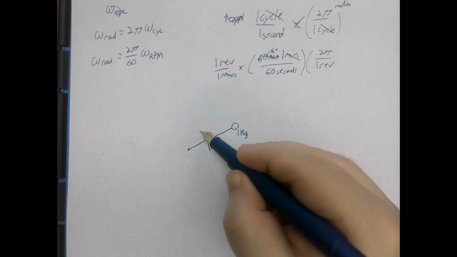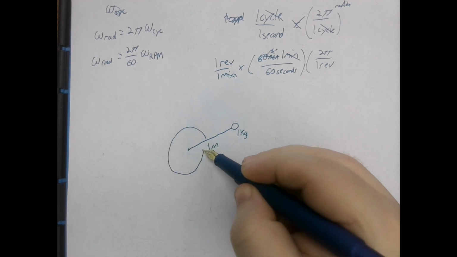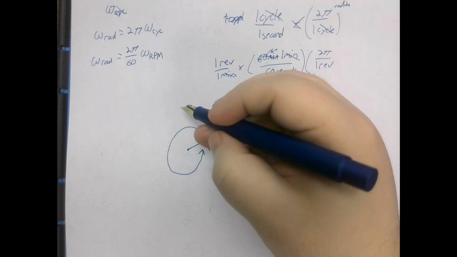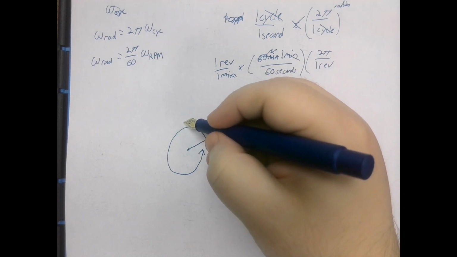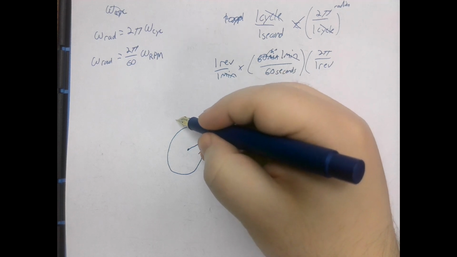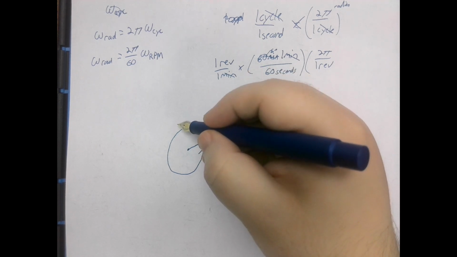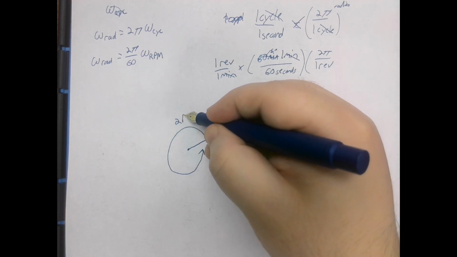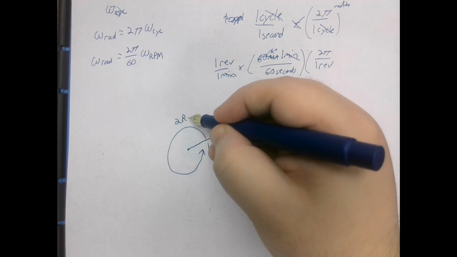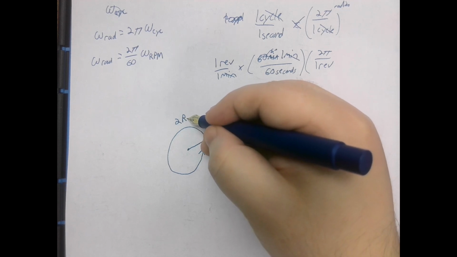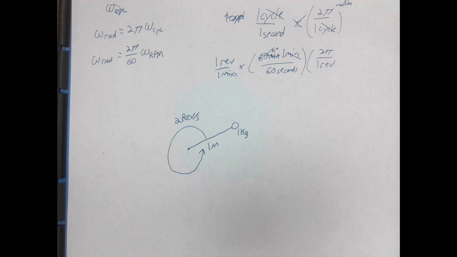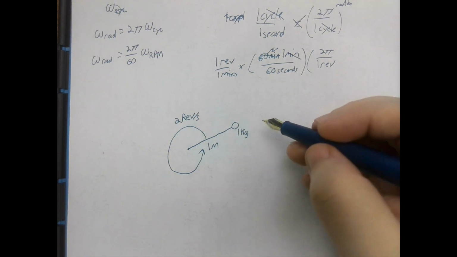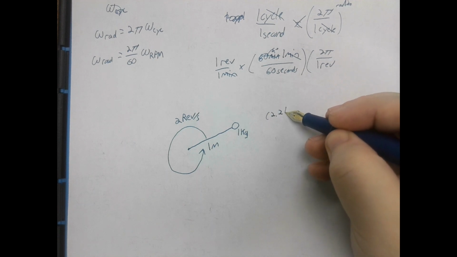And let's spin this around in a circle at a rate of, let's see, let's make it 2 revolutions per second. So imagine that you have a 1 meter long string, 1 kilogram. That's the same thing as 2.2 pounds.